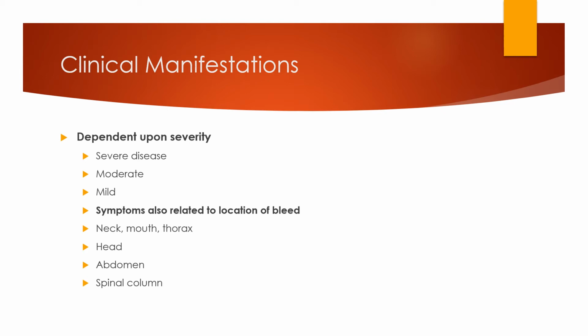So we're going to want to ensure that they have a patent airway, because it doesn't take very much, especially on a patient who has a severe level of disease. A little bit of bleeding into the mouth, and they could have a compromised airway. So it's very important that we're keeping that airway open.